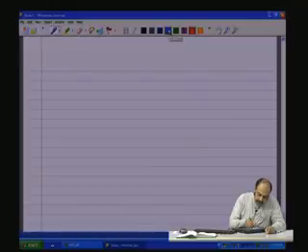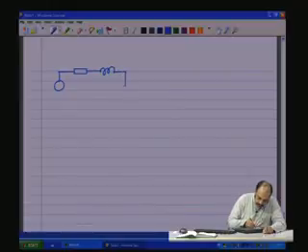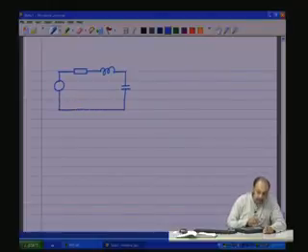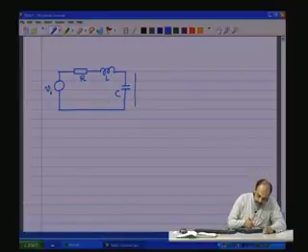So, if you take any arbitrary circuit, let us take the RLC circuit, you have an R, you have an L, followed by a C. So, you have Vi, R, an L and a C, and you have Vc.